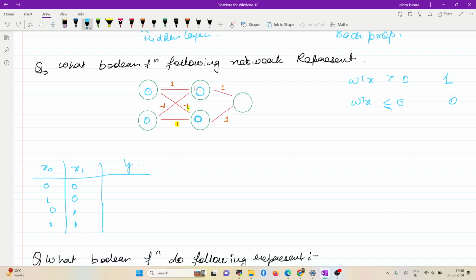Because the sum input over here is 0, it is not strictly greater than 0, so the output of this neuron will be 0. The outputs are 0 and 0. So what is 0 times 0 plus 0? The value 0 gets input into this, and the final output will again be 0. So the y that we obtain is 0.